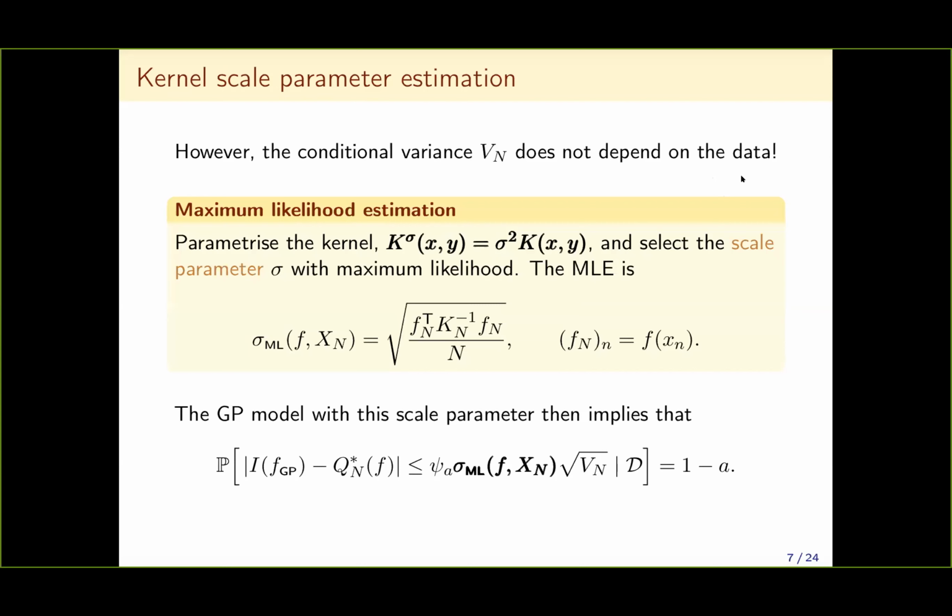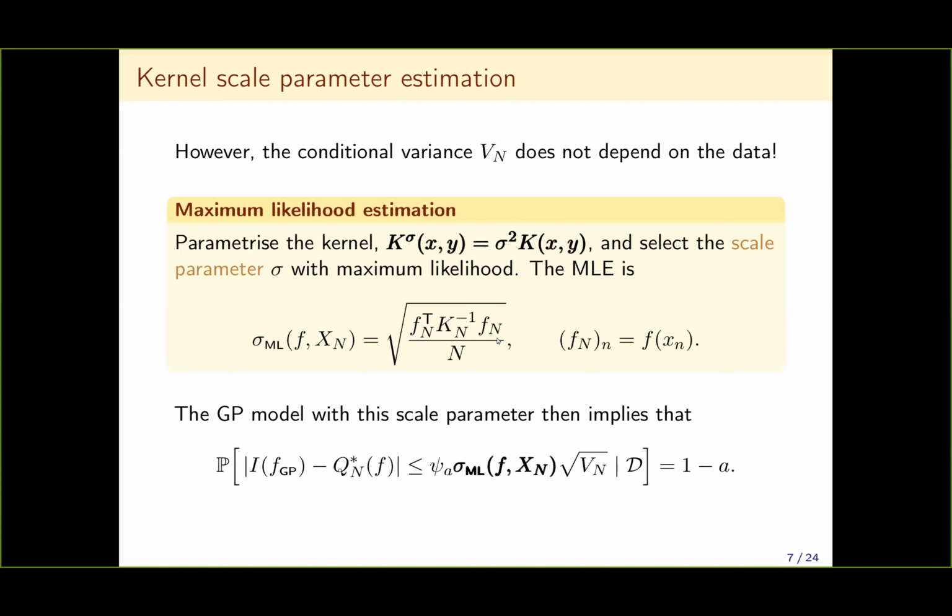Therefore, perhaps the simplest and maybe the most commonly used way to induce dependency of the variance on the function values is to use a parameterized kernel. So we take a kernel which has this scaling parameter sigma, and then we select sigma using maximum likelihood based on the data. And again, there is a well-known expression for this maximum likelihood estimate of sigma.